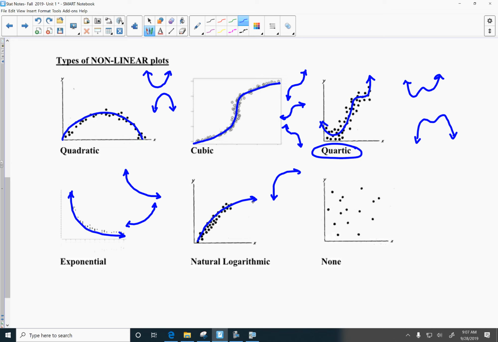Another example, right off the top of my head, would be the growth of a person or any living creature, I suppose. You don't grow infinitely. You don't grow in the form of a linear function. Otherwise, I'd be like 1,000 feet tall right now. Right? You grow dramatically early on. I don't know how many of you have kids, or at some point you've been around them.